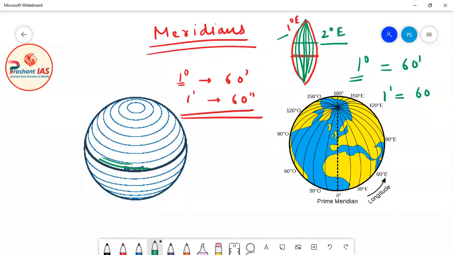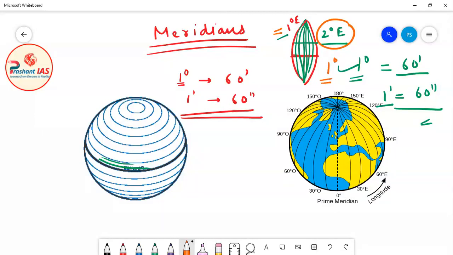So 1 degree of longitude is divided into 60 minutes and 1 minute is divided into 60 seconds. Here you can see that if this is 1 degree east longitude and this is 2 degree east longitude, there is only a difference of 1 degree between these two.